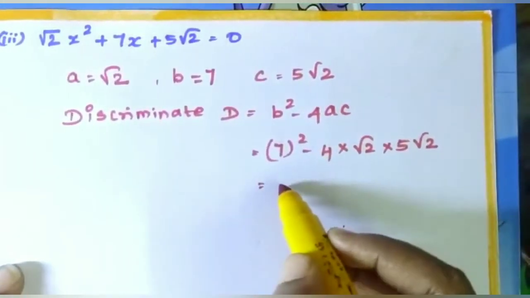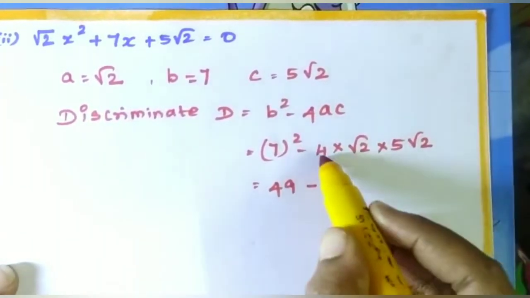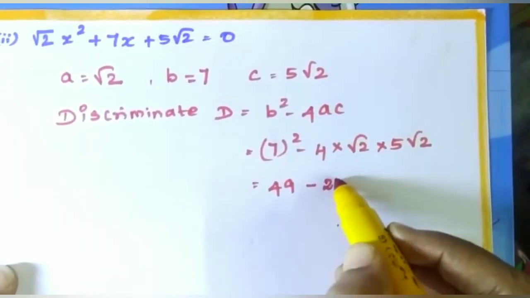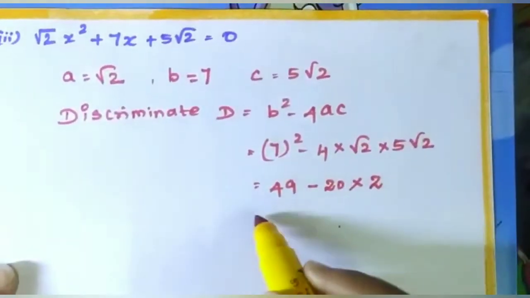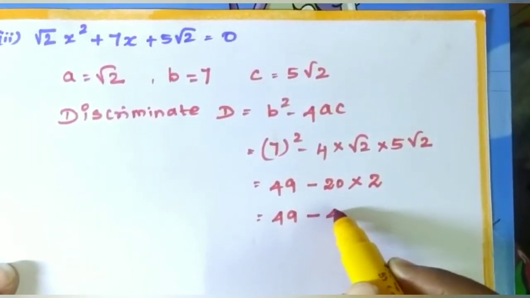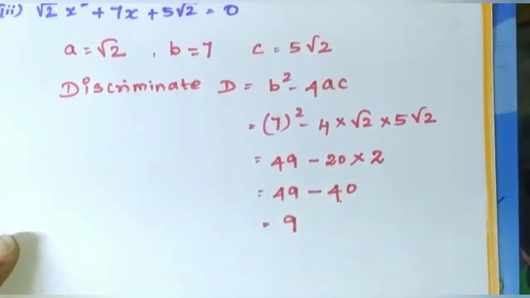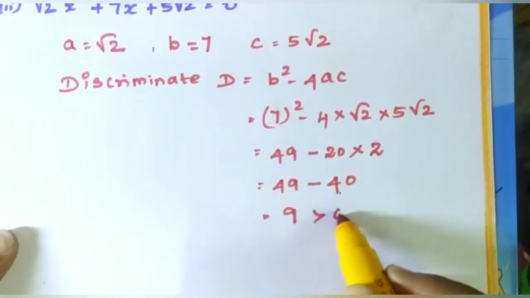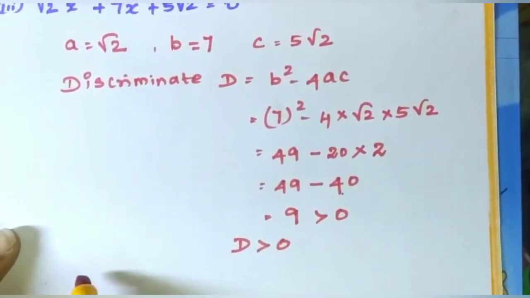So 7 square is 49 minus 5 fours are 20. Root 2 into root 2 is 2. So 49 minus 40. Then you got 9. So this is a positive value. Discriminant is greater than 0.